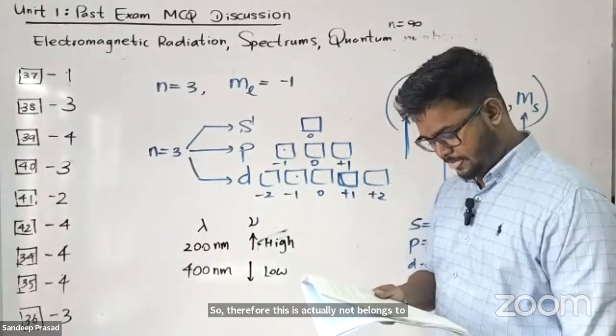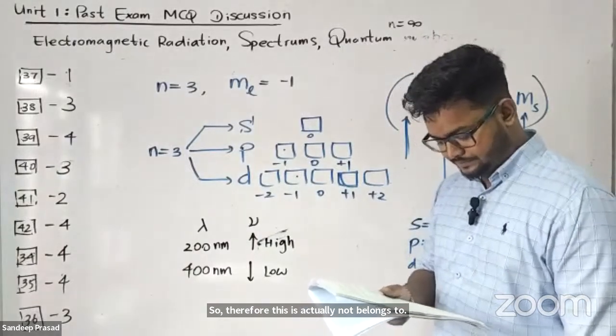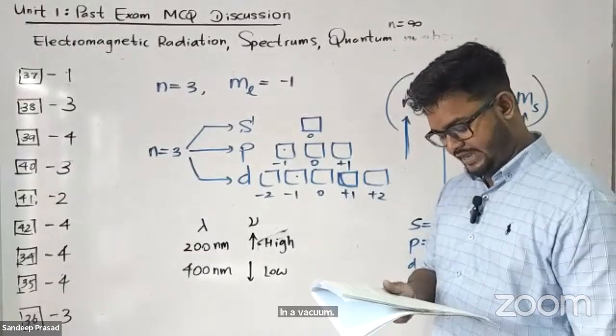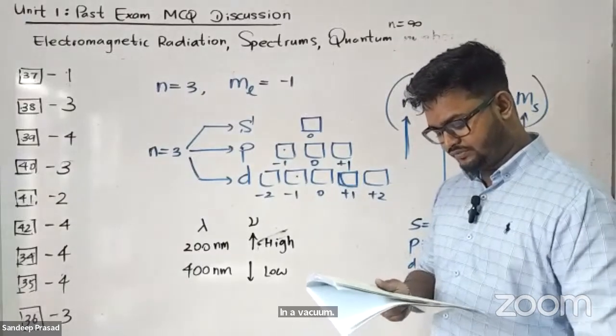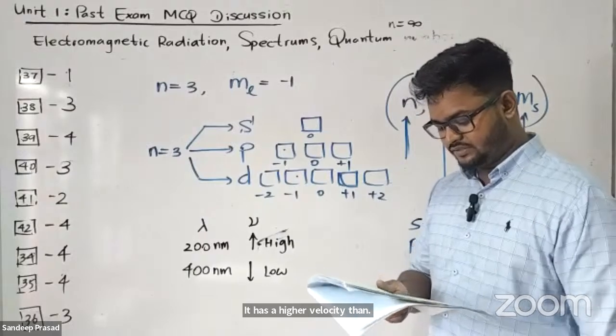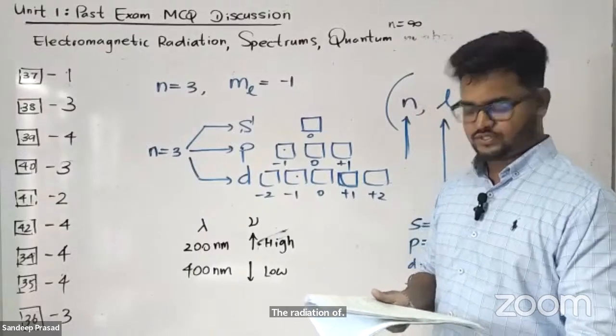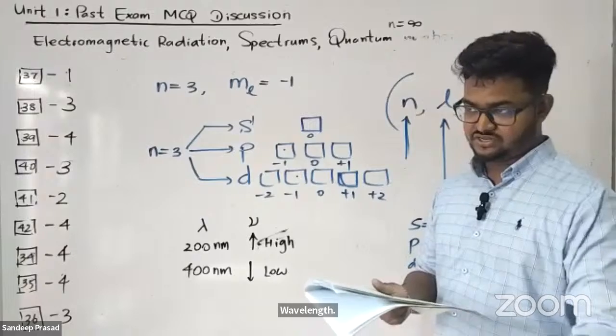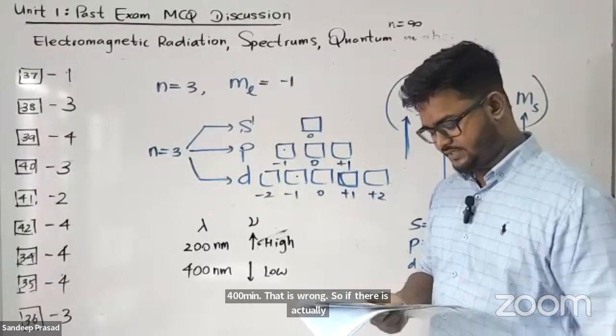We can't take that. In a vacuum, it has a higher velocity than the radiation of wavelength 400 nanometers. That is wrong. All electromagnetic radiation in a vacuum has the same velocity.